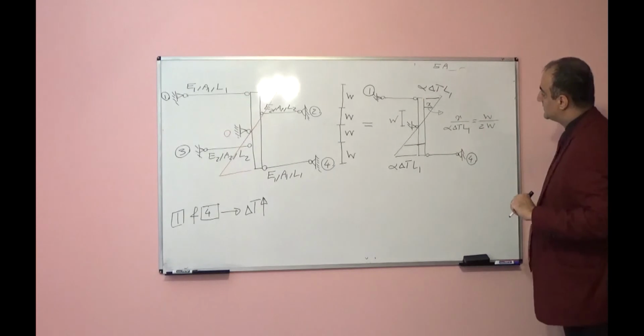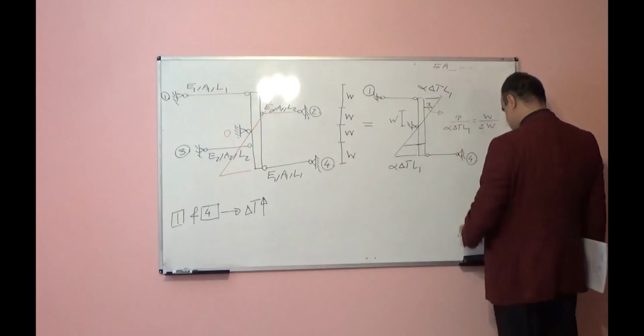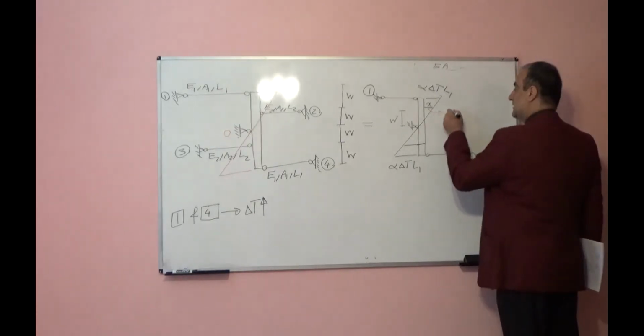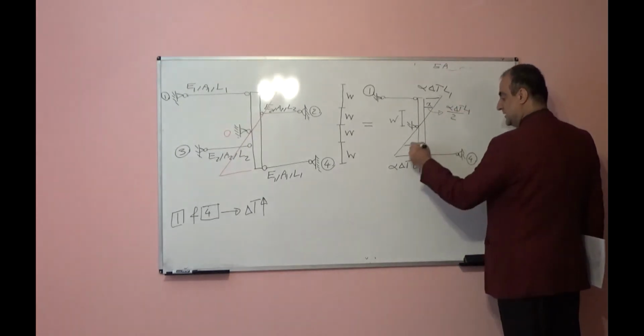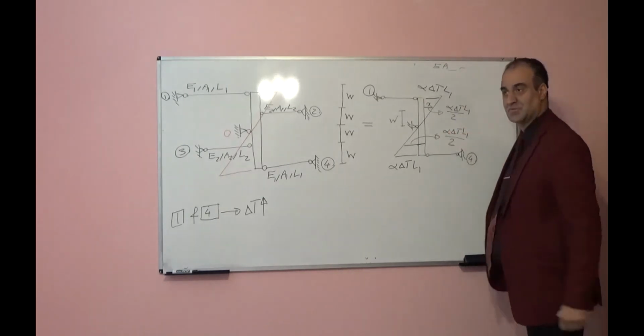So from similar triangles, x is equal to alpha delta T L1 over 2, and again here it is alpha delta T L1 over 2.